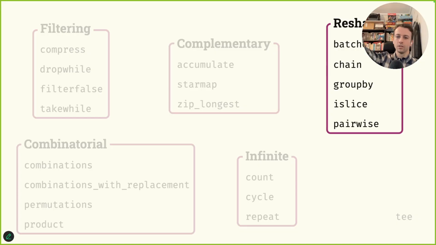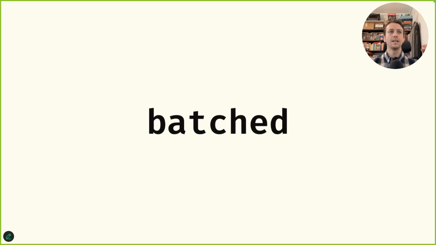The general idea of the reshaping group is that you take an iterable, you don't change the values that are being produced by the iterable, you just change the shape in which they are being produced. So let's see what this means. Let's start with batched. That was added in Python 3.12, I believe.